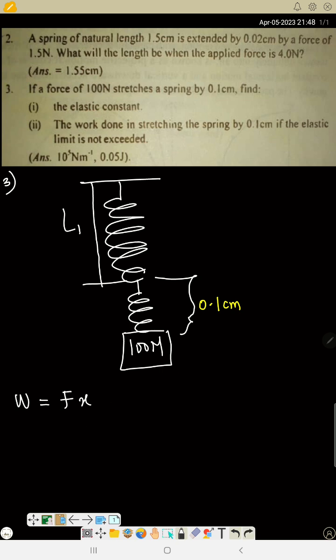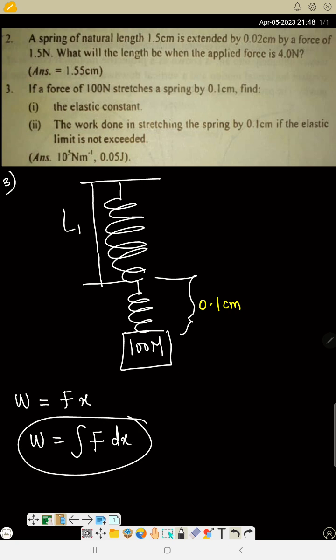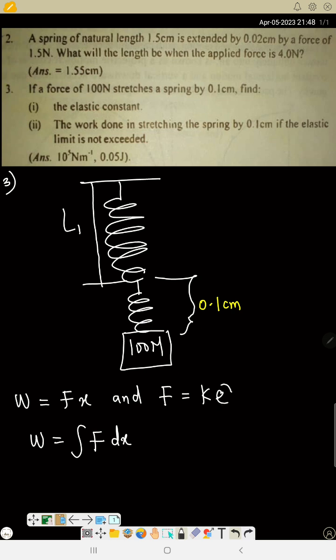Now this is for constant force, but if the force is variable, then it will be the integral of F dx. So we have done integration before, and know that F is equal to kx. Remember, I was using e in the previous, that e is extension. If I don't use e, then I'll use x.